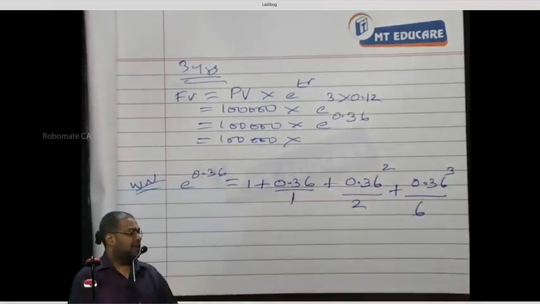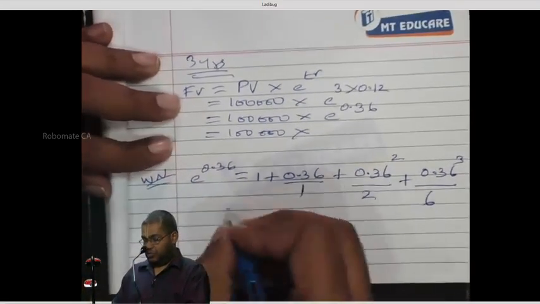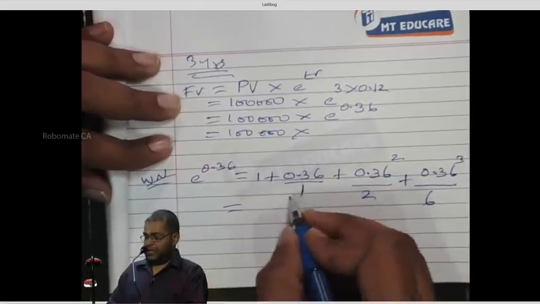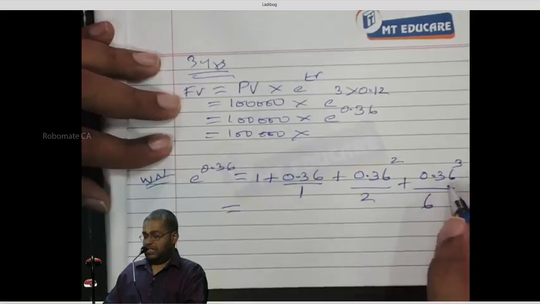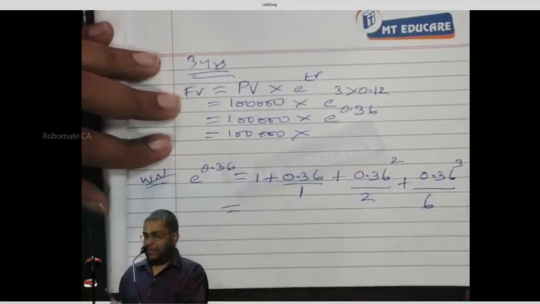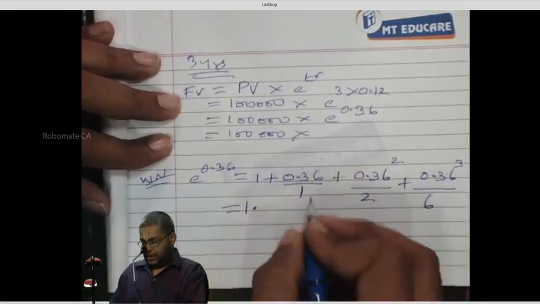Everybody understanding it or not? Now please tell me the number: 1 plus 0.36 plus 0.36 squared by 2 plus 0.36 cube divided by 6. Tell me the number in at least 4 decimals here. 1.1%.